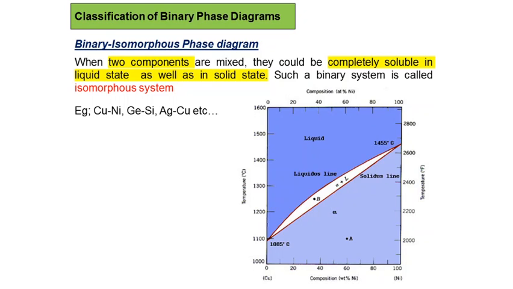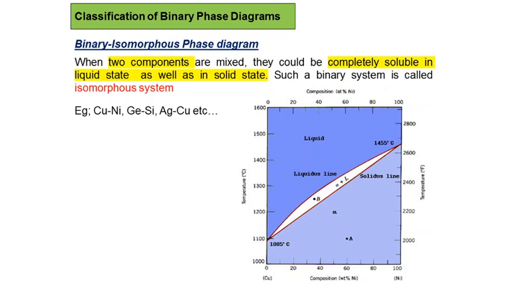So the extreme left position, or the origin of the phase diagram, is 100% copper, and the extreme right side is 100% nickel. When we move from left to right over the x-axis, the concentration of copper decreases and the concentration of nickel increases. That is what we represent as the weight percentage of nickel. So nickel varies from 0 to 100% over the x-axis, which means correspondingly the copper is decreasing.